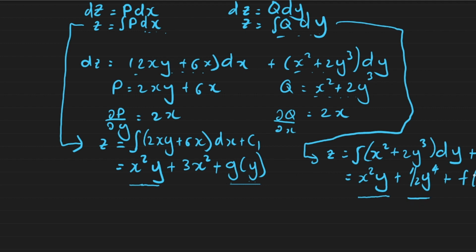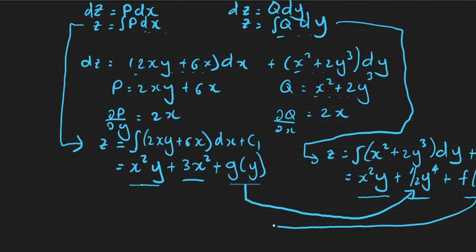And then again, looking on the left-hand side, we need a function of x. Do we have a term that is only a function of x? Yes, we do. So this g that's a function of y should equal the term on the right-hand side that is only a function of y. And in the same way, this function of x should equal the term on the left-hand side that is only a function of x.